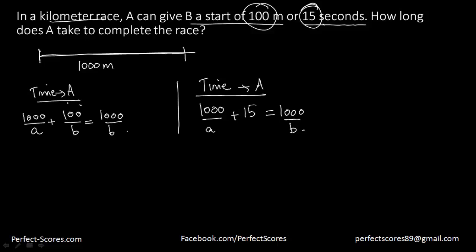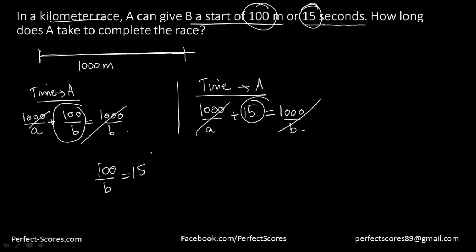We can clearly observe here that this and this are equal, which means that the time taken by B to cover 100 meters is 15 seconds, which means B over here is 100 over 15, which is equal to 20 by 3.